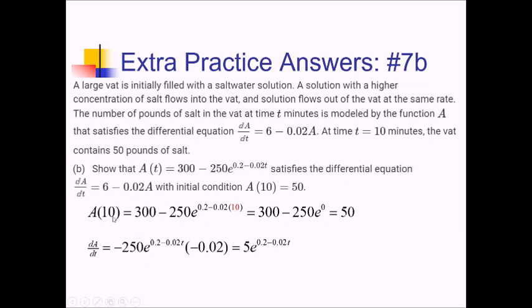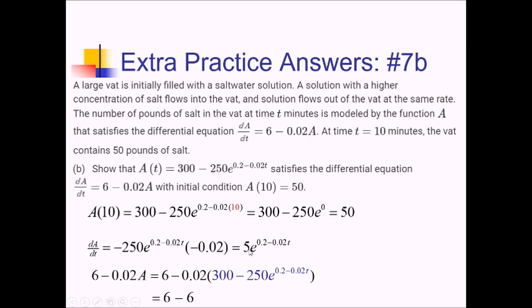So now we're going to take a look at 6 minus 0.02A, and we're going to plug this function in for A right here. So again, I'm just taking the A function that they claim satisfies the equation and plugging it in for A. When I do that, I've got 6 minus, and now I have to distribute here. This is a 50th of 300, which is going to be 6. So we're doing 6 minus 6 plus, well, we already did 0.02 times 250e to all that stuff.